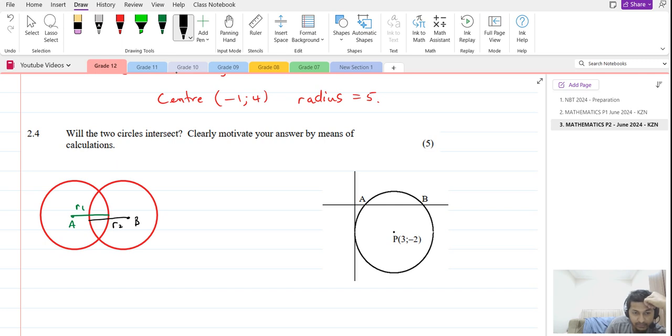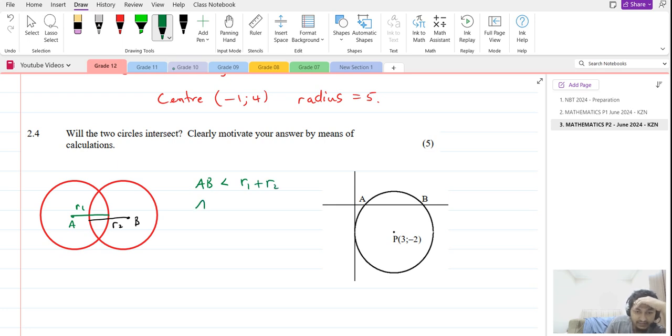So in other words, if the distance between the centers, AB, is less than R1 plus R2, then it will intersect.